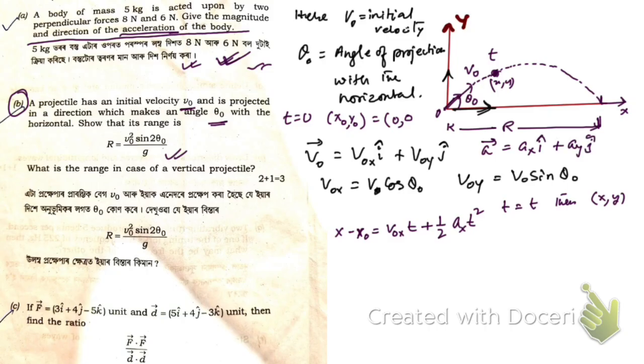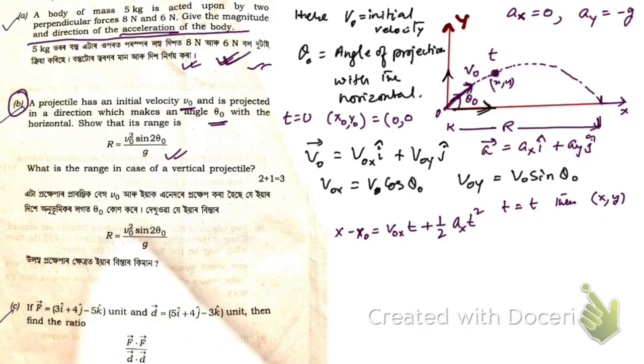Let me tell you one more thing: along the horizontal direction there is no acceleration. It is only thrown once, and after that no force is acting along the horizontal direction, but in the vertical direction there is the gravitational force. So we take acceleration due to gravity, as it is downward, as minus g, right?